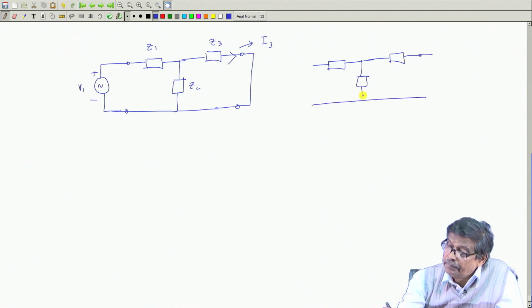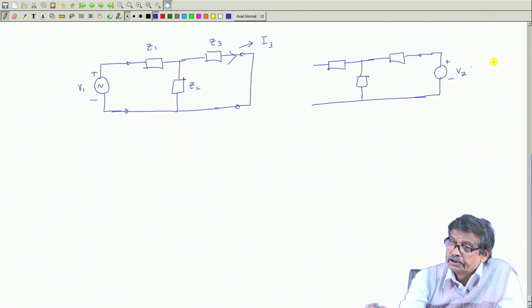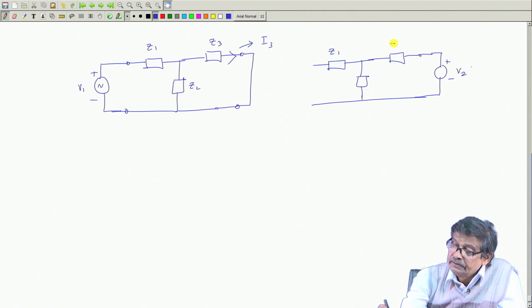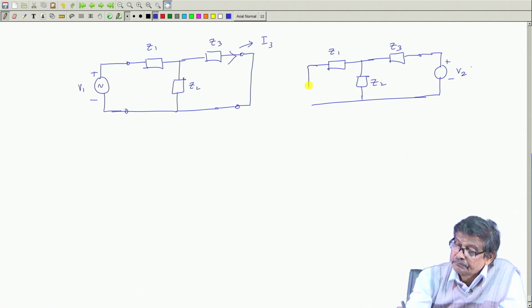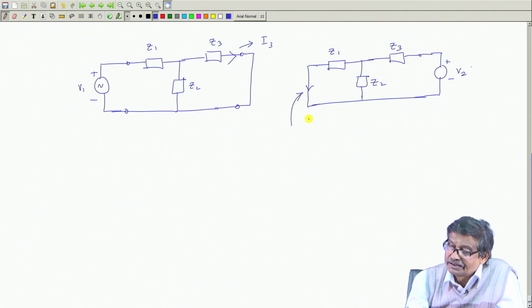Here you apply a voltage V 2, an AC voltage, because of the complex Z 3 and Z 2. Then the current in this branch, you need not resolve the circuit.